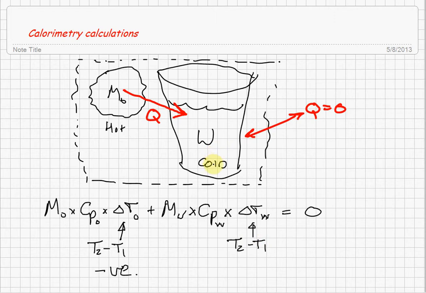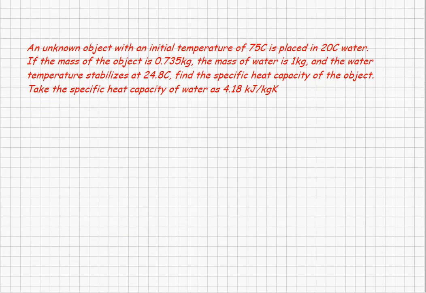For the water, it's colder to start with, and it gets warmer, and so T2 is going to be higher than T1, and that's going to be a positive number. The negative number here and the positive number here are going to allow us to cancel out to a zero net heat flow. So let's see what that looks like in terms of an actual calculation.